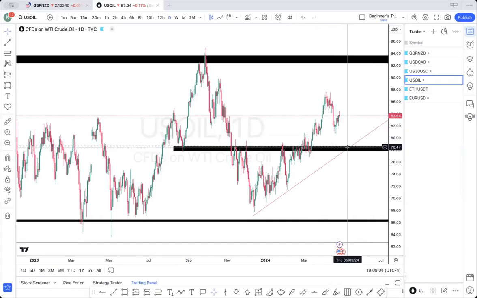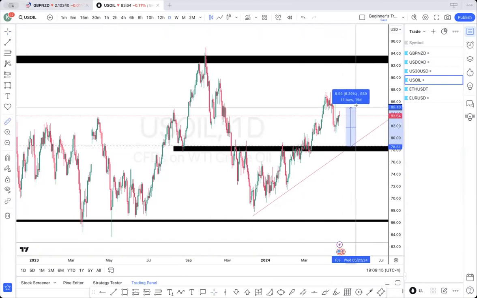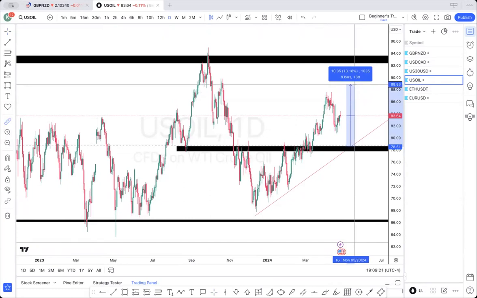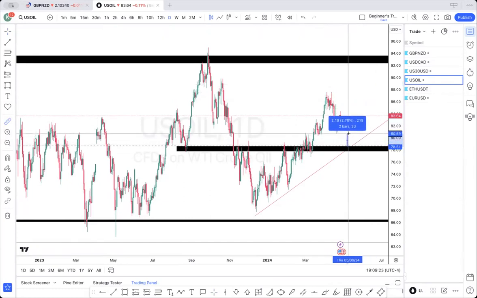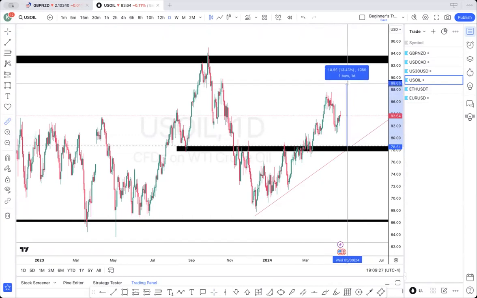I would love to see that happen. Price came here, gave me bullish momentum. Then I'm getting in from here. The next key level is up to here, which is 100. This was 100. Wait a minute, hold on. This was 1,000 pips. Or you can wait for it to go back up to this zone.